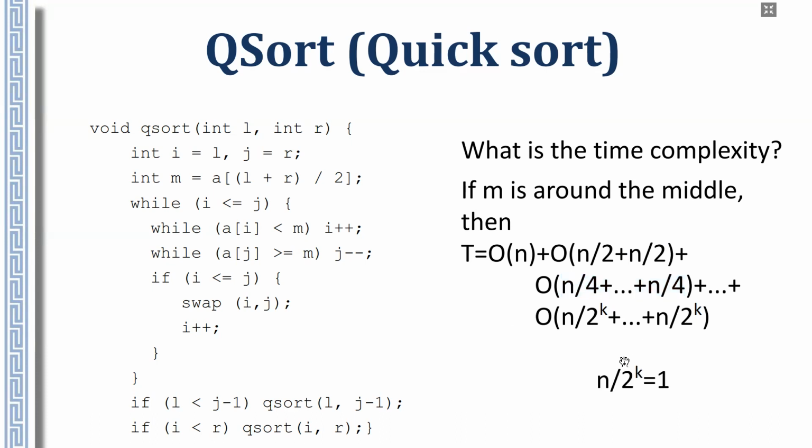So we stop when the size of the segment is 1. In that case, it is already sorted, and we don't invoke the left part and right part because of these conditions.